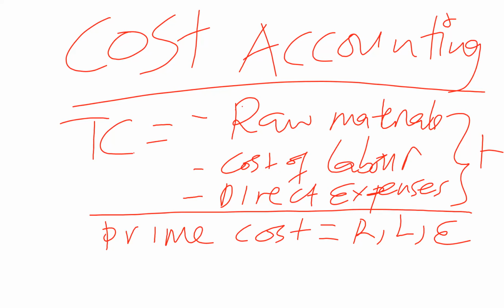Yeah. So once you have the prime costs, which are just the direct material cost, direct labor costs, and direct expenses, then obviously there should be the indirect costs. Now, these indirect costs, and you should please pay attention to this conversation.